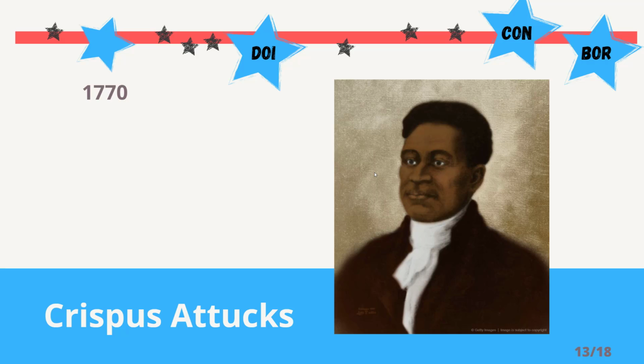His mother was indigenous, from the Wampanoag tribe, which represents a loose coalition of a number of other tribes as well. So, Wampanoag and enslaved African, he actually ran away successfully from enslavement.